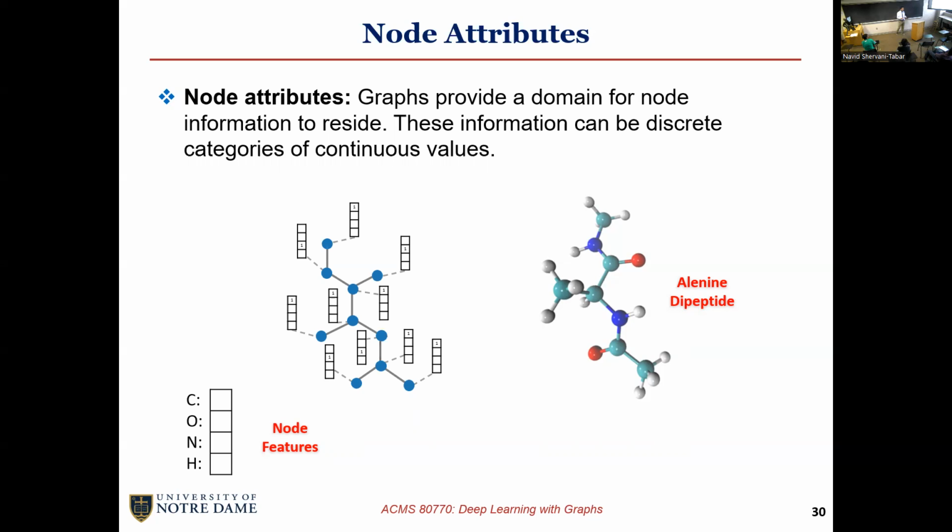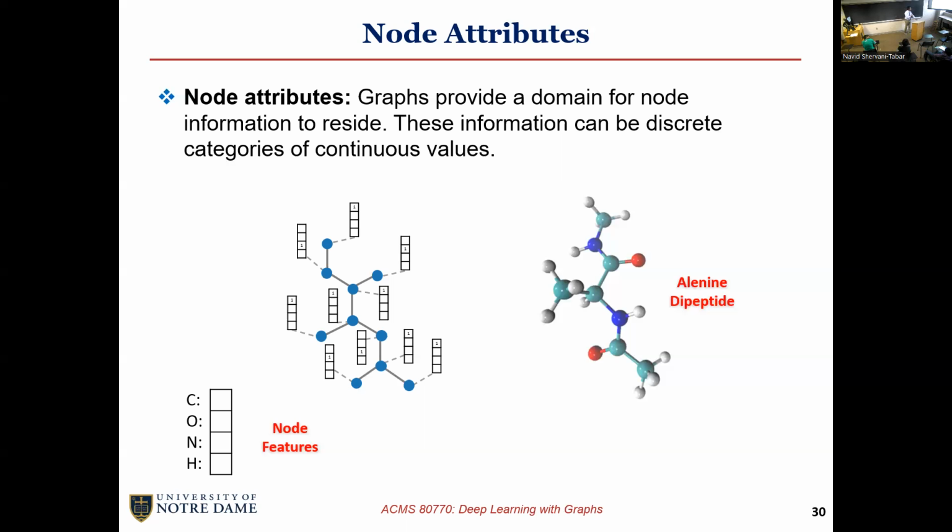We do that by representing some type of node features or node attributes on each node. And we can do that for discrete information, like the type or categories, or for regression type of problem, for real values. So here you can see that we have an alanine dipeptide molecule.